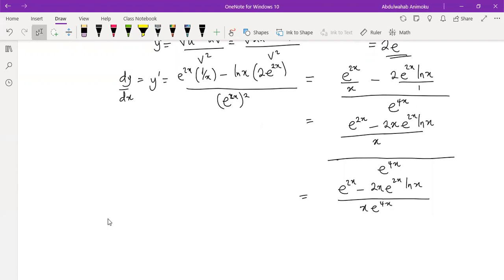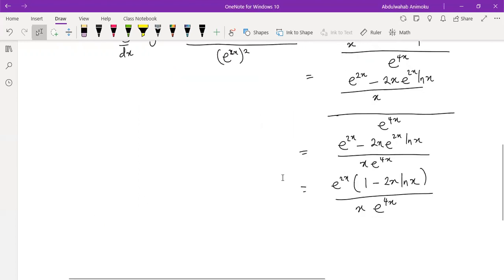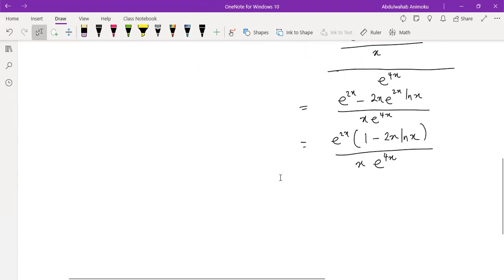Now that we have this, we can factorize e raised to the power 2x out. I think it's common for the numerator. Just check, you can see that e raised to the power 2x is common for the numerator. Then we have this. Now if you like, you can simplify: you have e raised to the power 2x here, you also have e raised to the power 4x here.